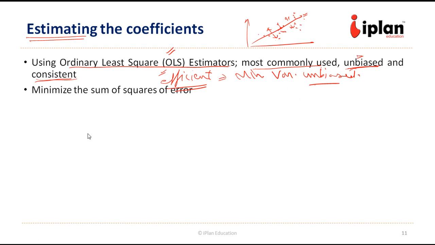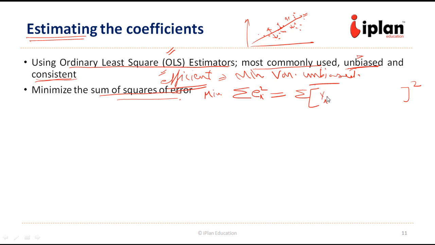Here we are trying to minimize the sum of squares of the error, or mathematically, we are minimizing the summation of the error term squared. What is the error term?